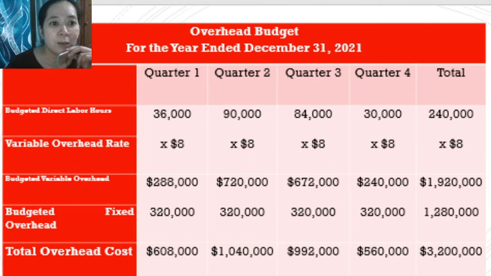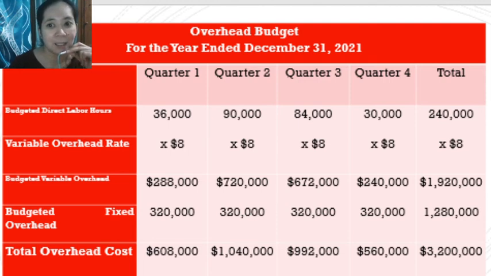The budgeted direct labor hours are from our direct labor budget, and the variable overhead rate is $8 per direct labor hour, so we just multiply it. The resulting figure becomes our budgeted variable overhead for the quarter. Then we add the budgeted fixed overhead to get the total overhead cost.